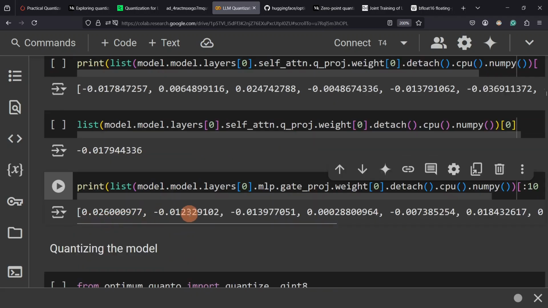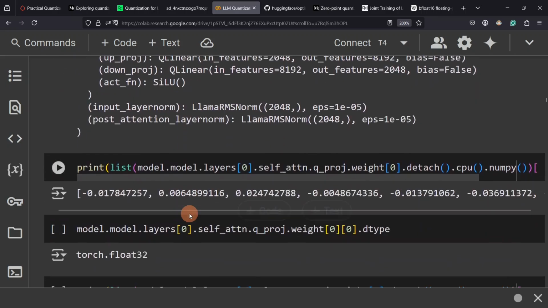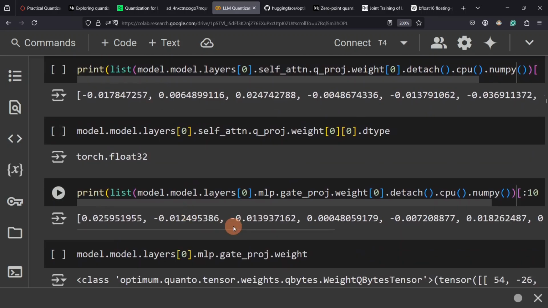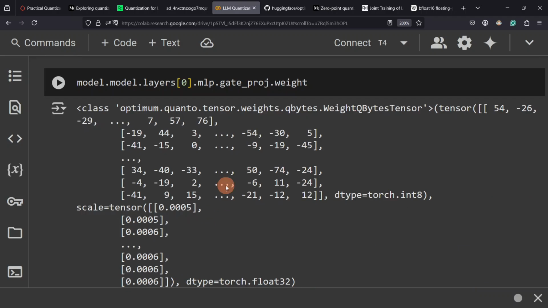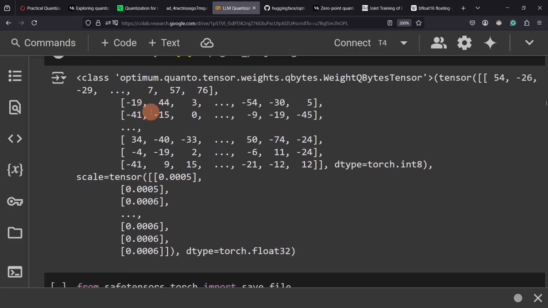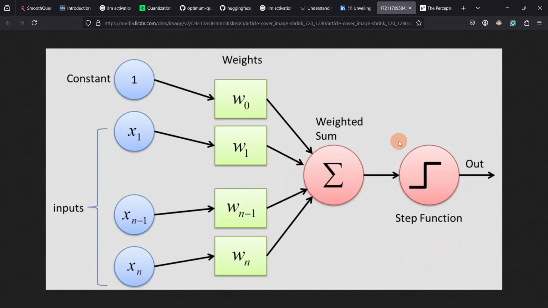Here it is minus 0.123. Here it is minus 0.124. So they are very close to each other. If you print the weight, you'll see that the quantized values are minus 19, 44, 3, and these are the scale values.